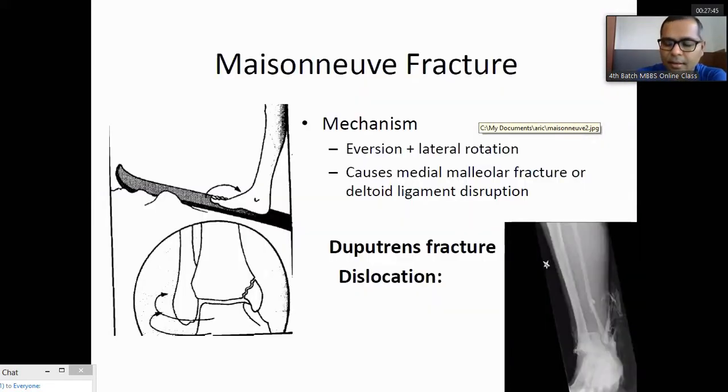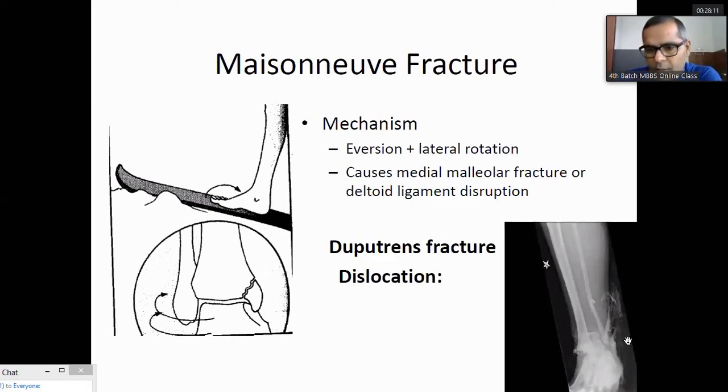The name of this is a typical Maisonneuve fracture, with eversion and external rotation. There is either a medial malleolus fracture, or a disruption of the deltoid ligament, and with further rotational force the syndesmosis gives way, and ultimately the high-up fibula fractures right here.